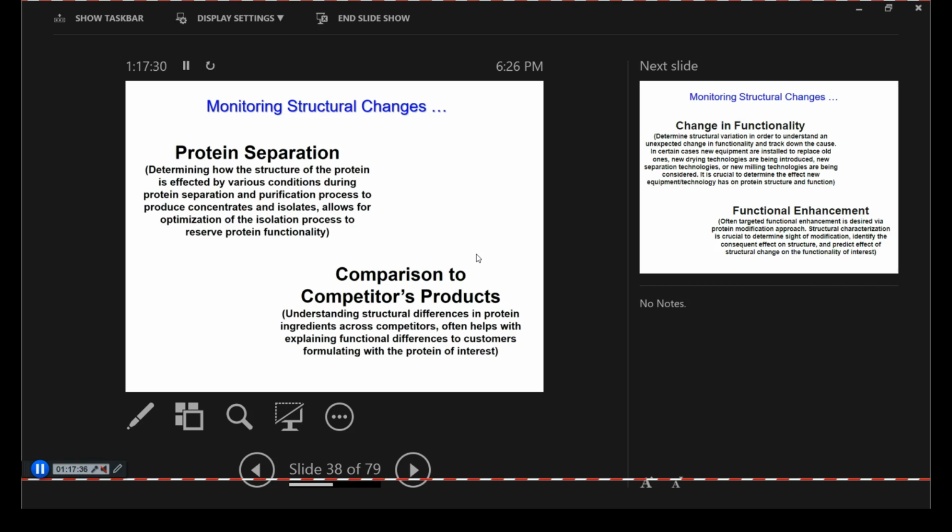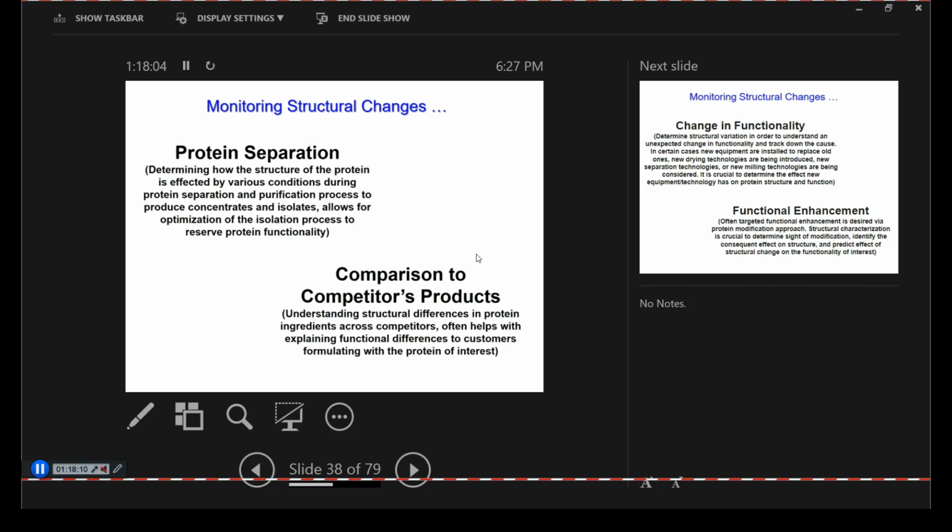Oftentimes, you want to produce a protein ingredient, and there are so many steps until you get an isolate. Especially if you start with a really complex crop, oilseed, for example. There is the crushing of the oil. First of all, there's the conditioning of the soy. They condition the soy, they flake the soybean, then they crush the soy flakes, then they add hexane to remove most of the oil, and then they have to dry the hexane.